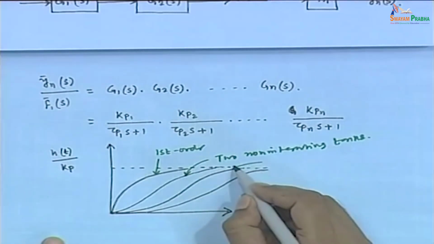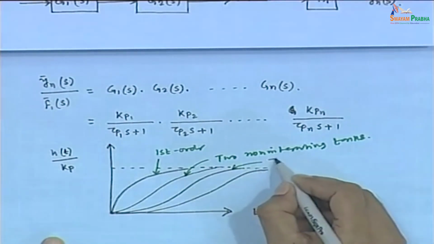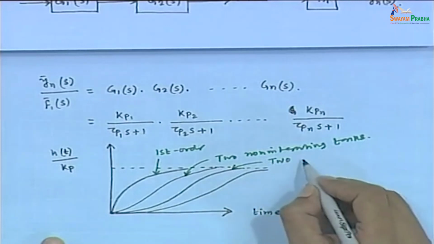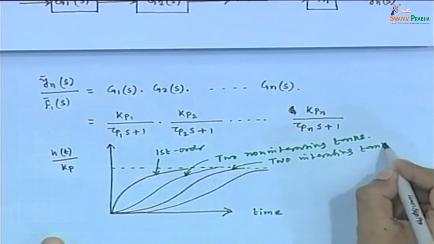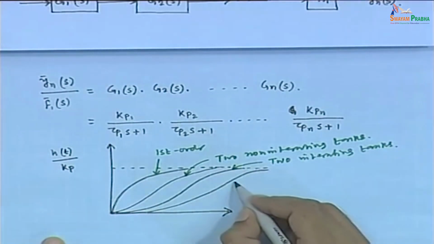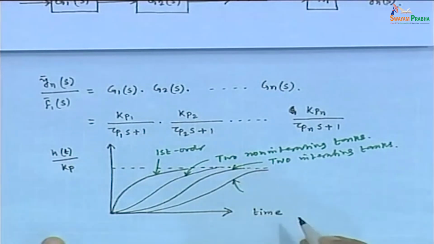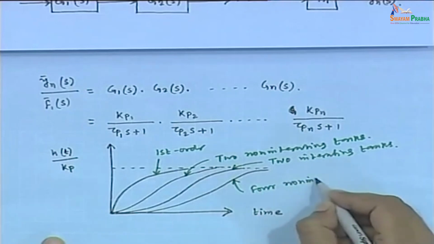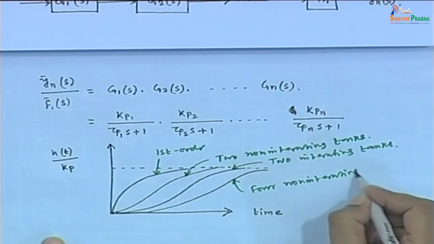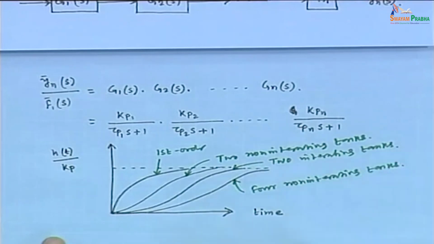This is the dynamic behavior of two interacting tanks system, and this is the dynamics of 4 non-interacting tanks system. So, this is the representation of dynamics of liquid tank system.